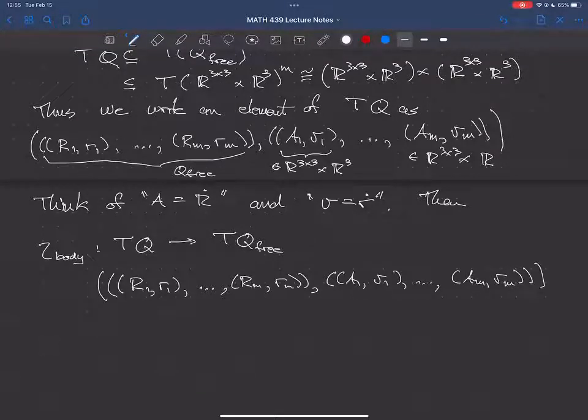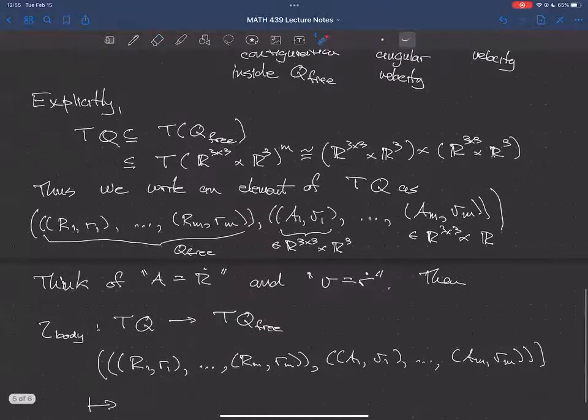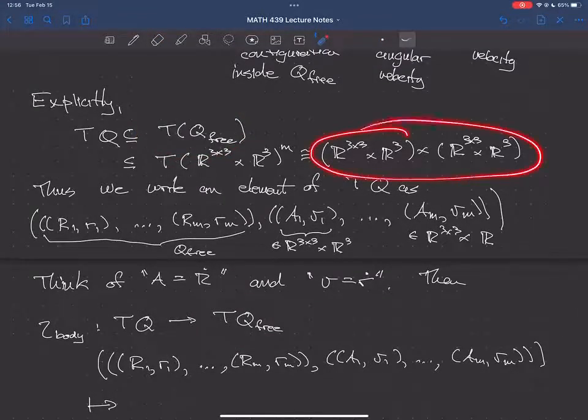And this maps to a point in TQ free. Points in TQ free assume the same form, except now I'm going to write them differently.